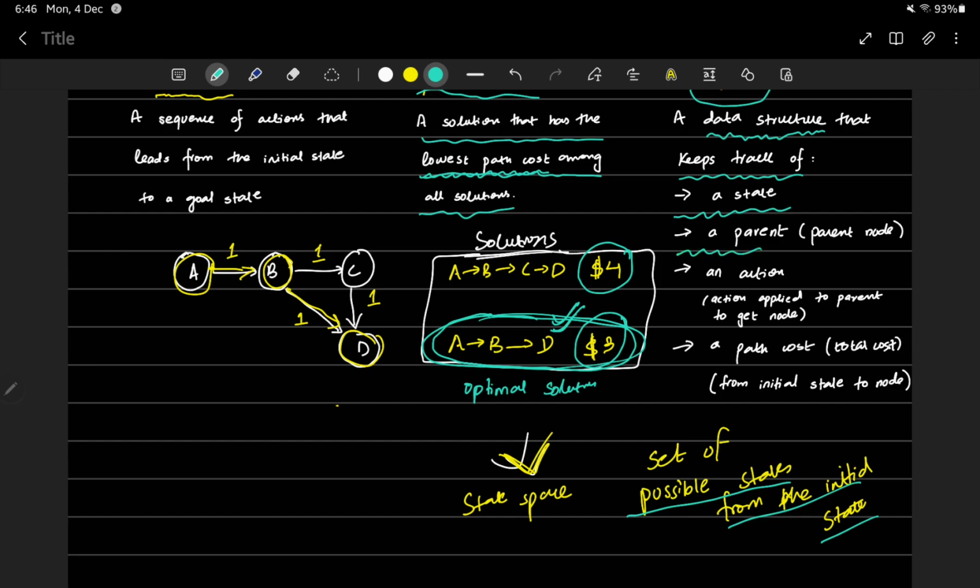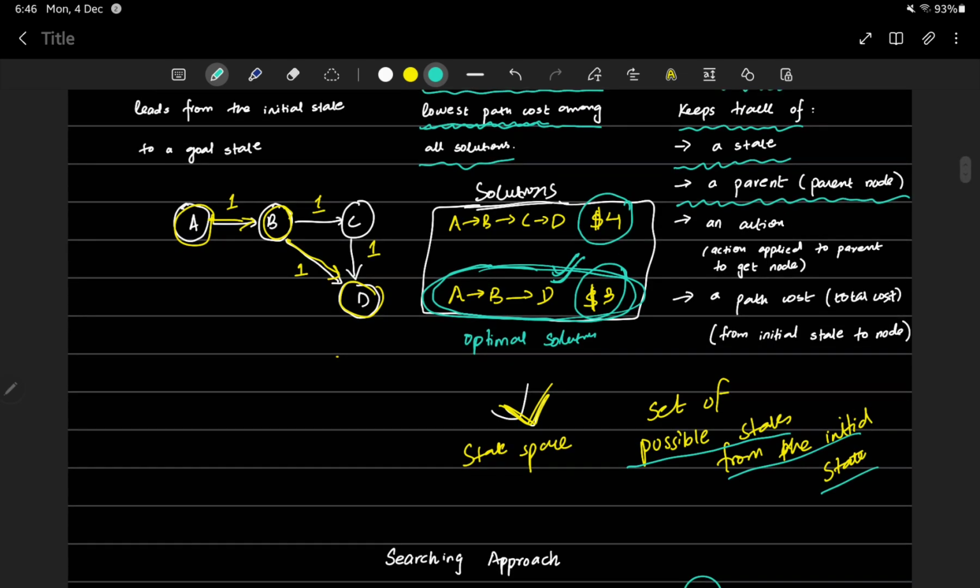It stores the parent state or the parent node, like where I came from. It stores an action. What action did the agent take when it was in my parent state to reach me? It stores that action. And then at last it also stores the path cost.